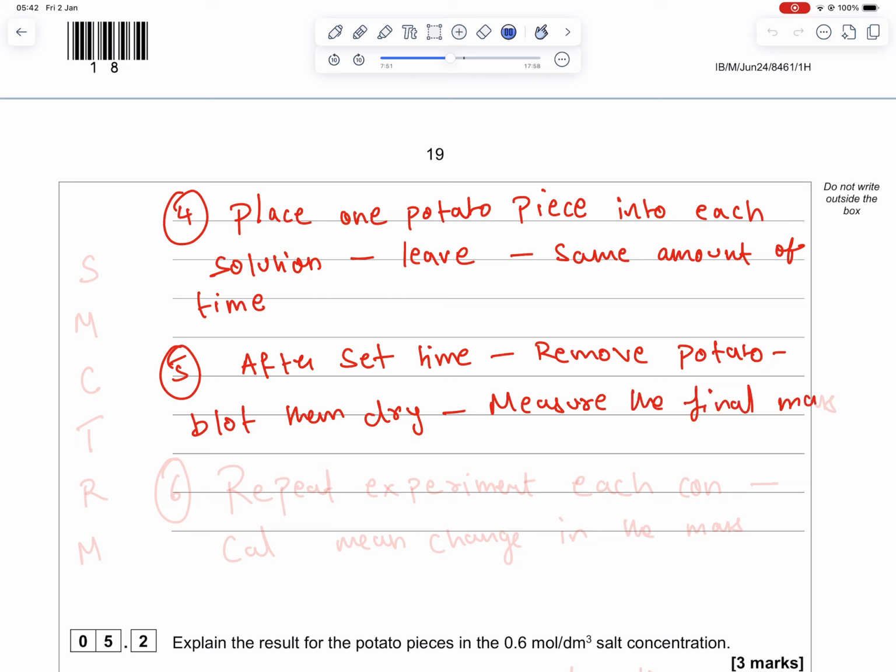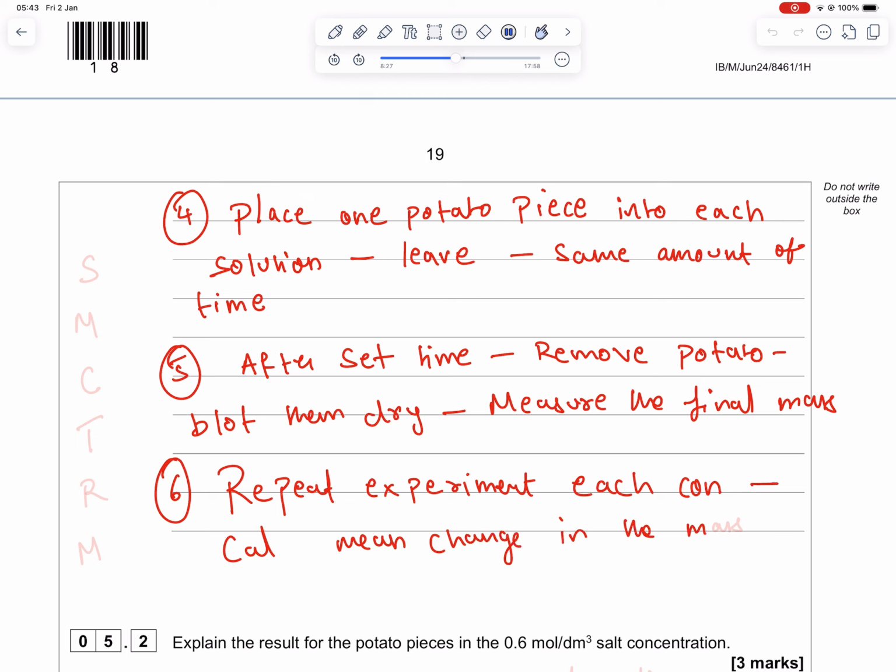Remember, you have to repeat the experiment for each concentration. You've taken those 5 pieces of potatoes and placed them, because every time you're calculating the mean mass of all those 5 pieces. Now, you have to repeat this experiment for each concentration, but remember, you have to calculate the mean change in the mass of all the 5 pieces.